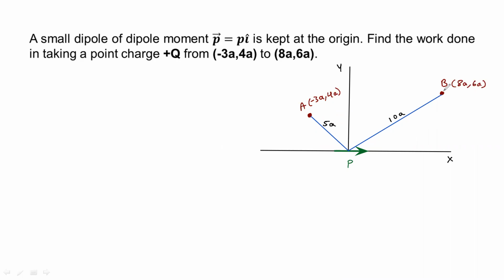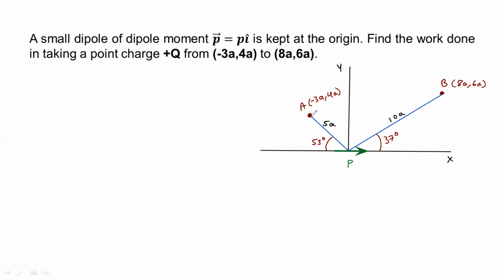For point B, 8a comma 6a, along the x-axis it is 8a and along the y-axis it is 6a. So this angle should be 37 degrees, while the other angle has to be 53.